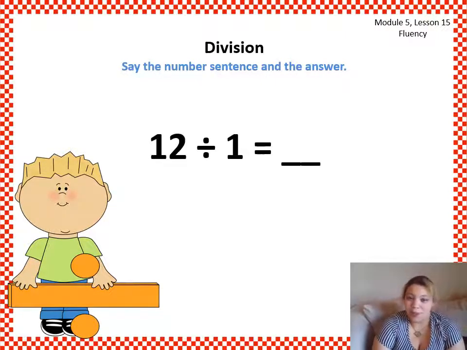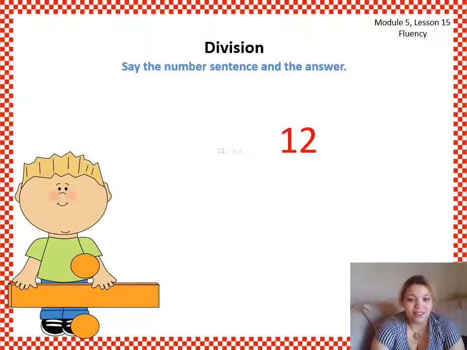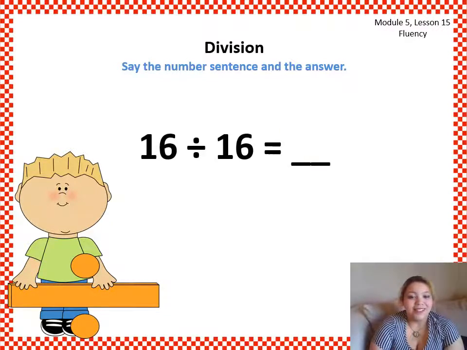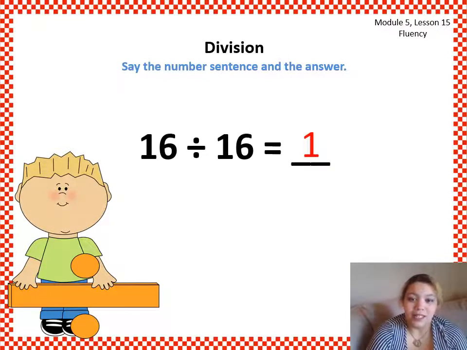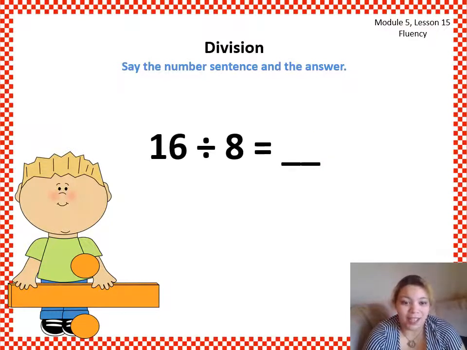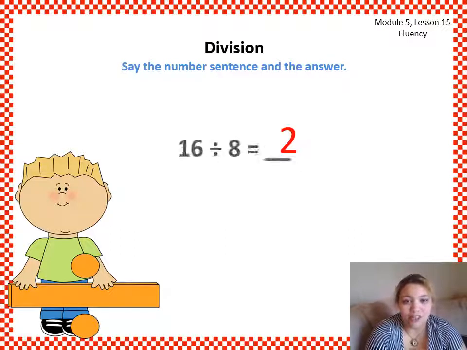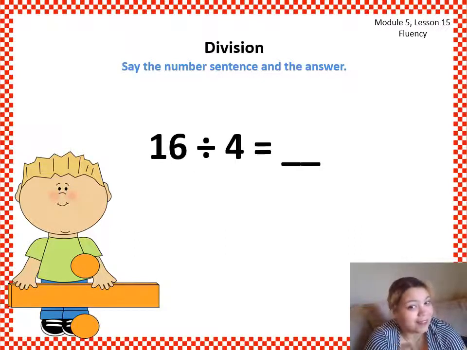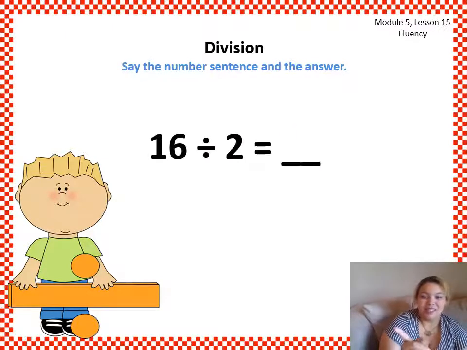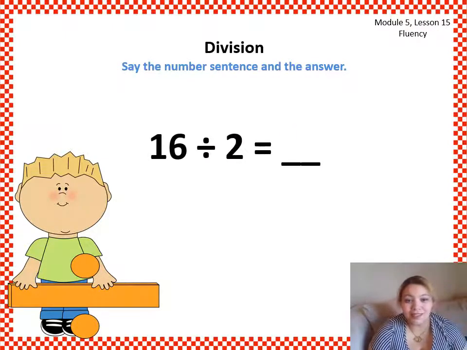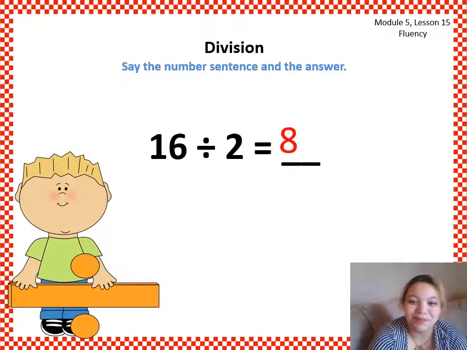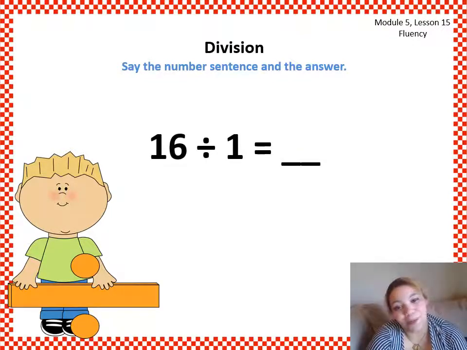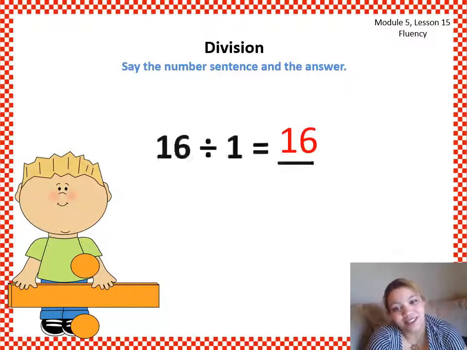And 12 divided by 1 is 12. 16 divided by 16 is 1. 16 divided by 8 is 2. 16 divided by 4 is 4. 16 divided by 2 is 8. And 16 divided by 1 is 16.